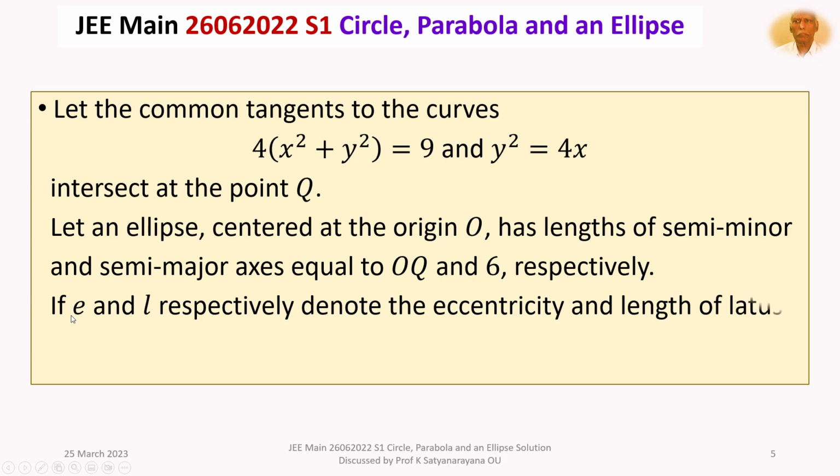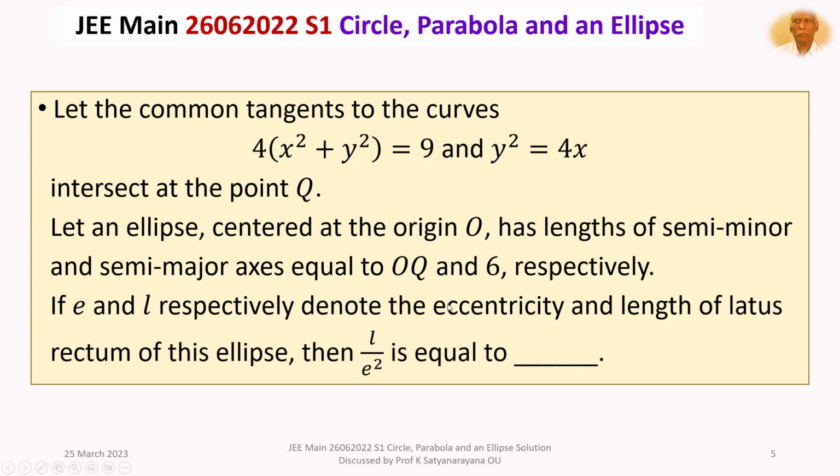If E and L respectively denote the eccentricity and the length of the latus rectum of this ellipse, then L by E² is equal to.